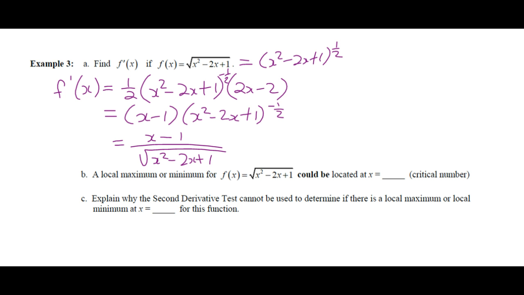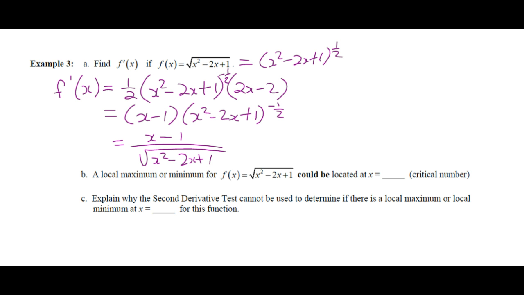I'll write both of those, because this whole thing is about the second derivative. If we have to do the second derivative, you can do it from this as a product, or you can do it from this as a quotient. Your choice. Either one should give you the same answer.